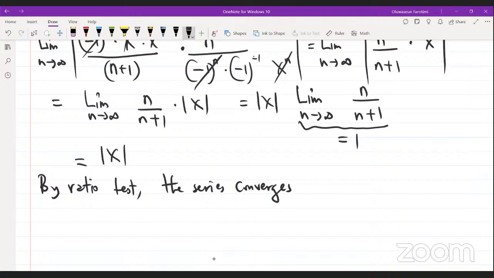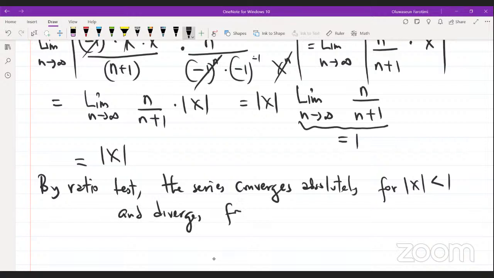In this case, they are the same because absolute convergence implies convergence. Okay. And diverges.